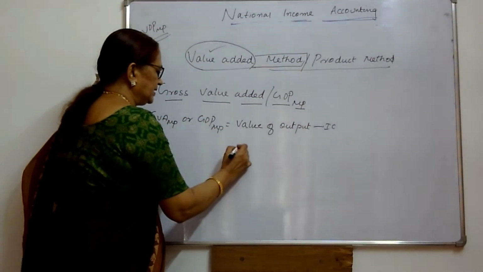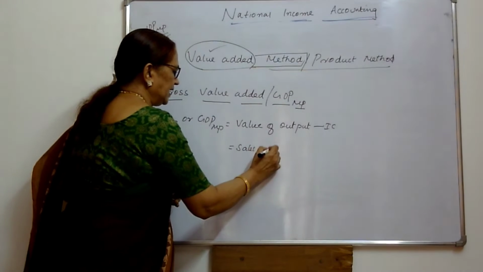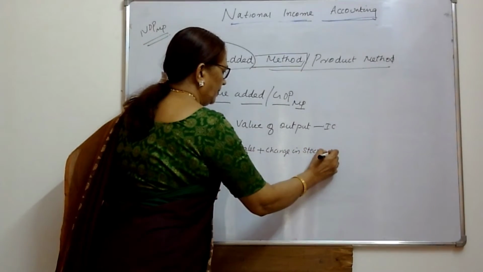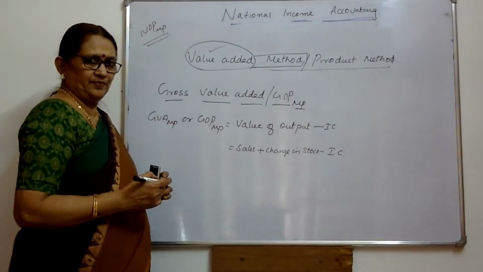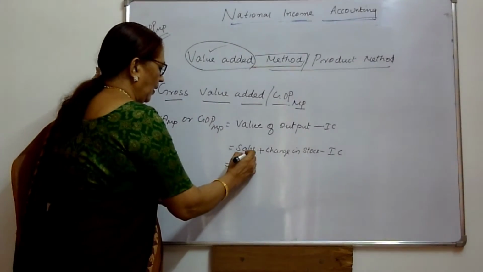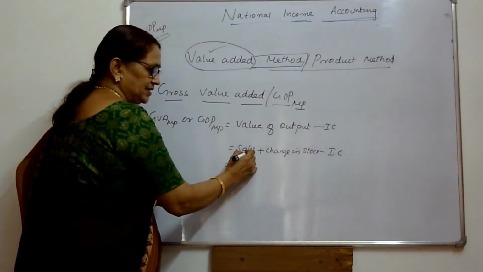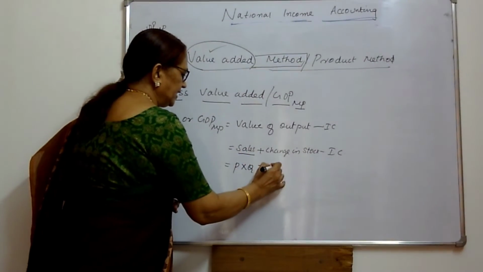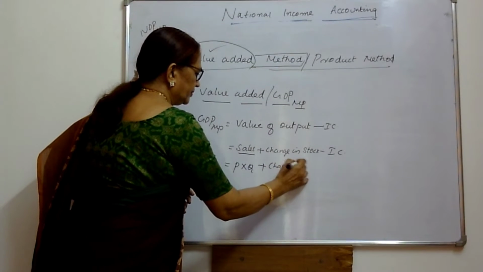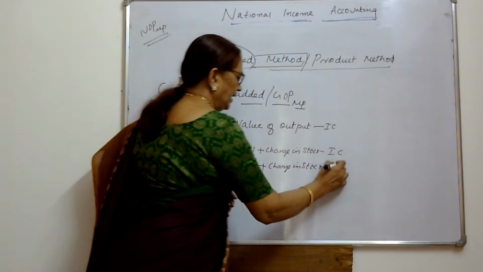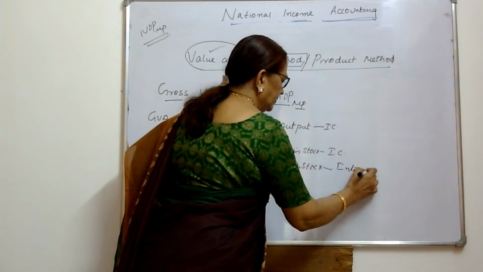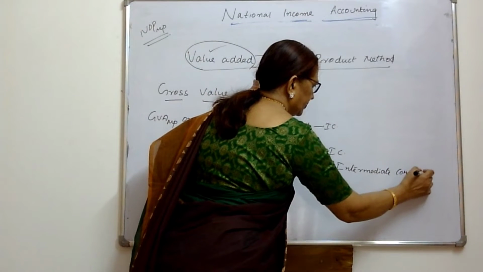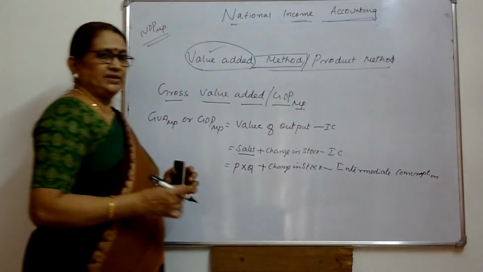Value of output is sales plus change in stock, minus intermediate consumption. Or, how is the value of sales calculated? Price into quantity, sales, plus change in stock, minus intermediate consumption. Hope that it is clear.